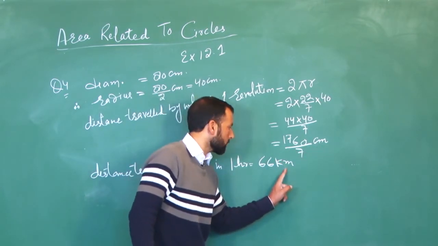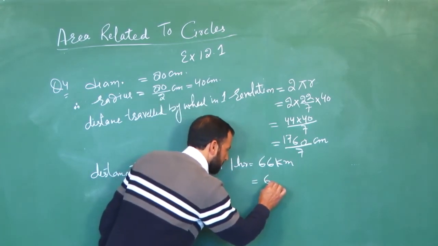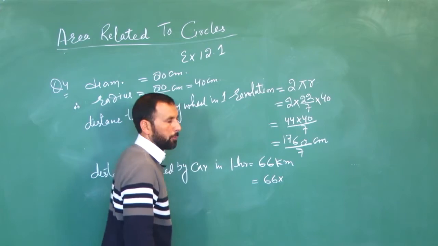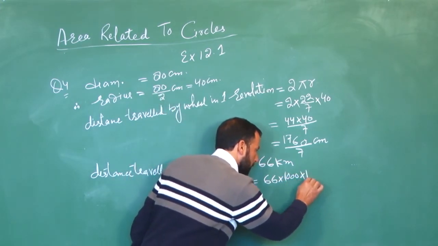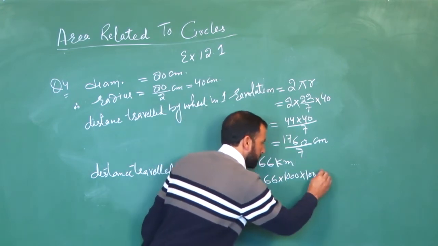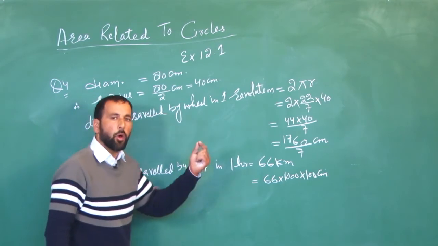We can change this kilometer into centimeter. That is, it is 66. First of all, we change kilometer into meter, so it is 1000 meter. Then meter into centimeter, it is 100 centimeter. This is the distance traveled by car in 1 hour.